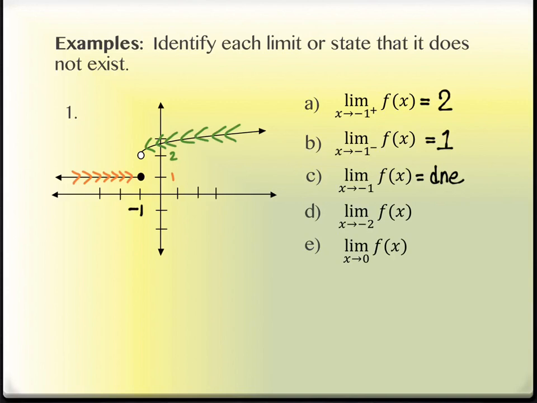Now, on the other two, you'll notice that they just give us the both-sided parts, right? They don't ask us from the right and from the left beforehand, like they did on A, B, and then C. But it still means the same thing. We still have to come from both directions. So looking at my graph, this one says -2. Well, -2 is right here. And if I'm coming from the right, I realize that I'm doing this, and at some point I just have to jump down, and that's okay.